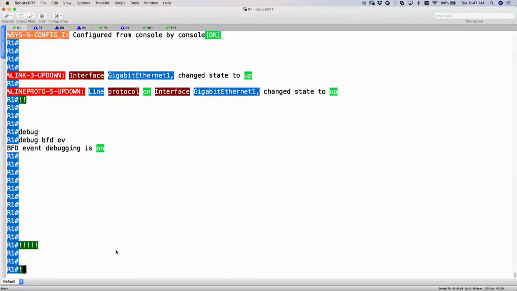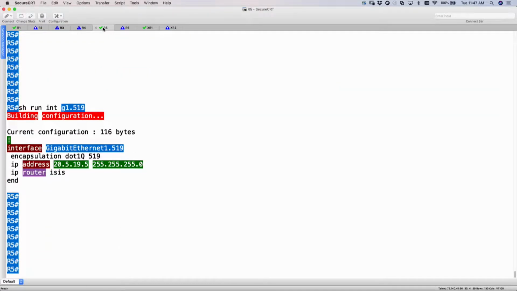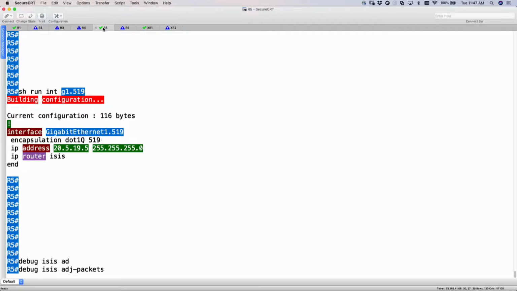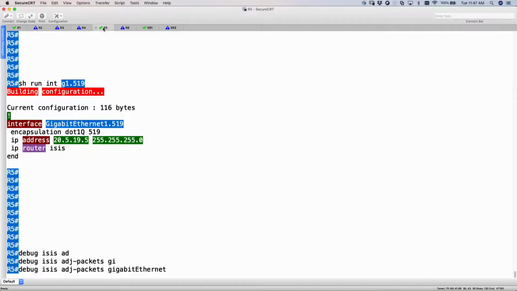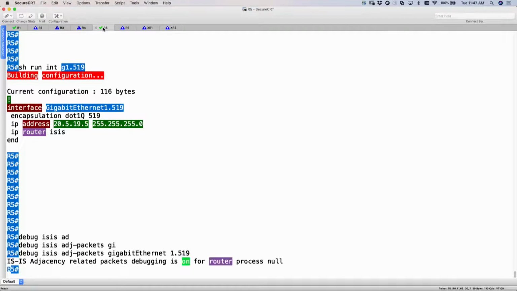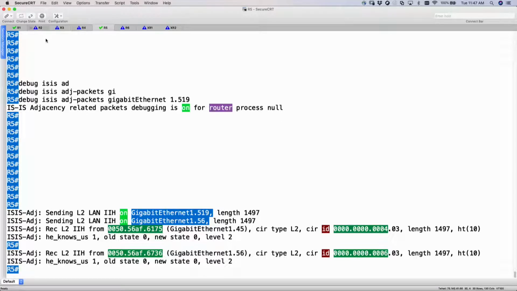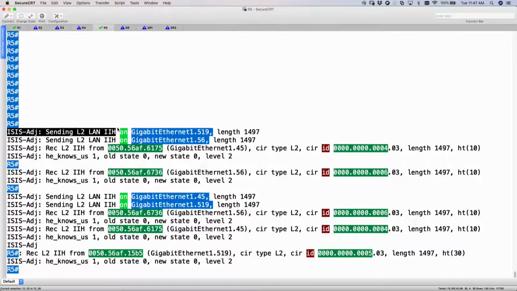We should be able to identify that with the debug or even show isis neighbors. So let's do a debug isis adjacency packets on gig 1.519. Here I should see that router 5 is sending L2 LAN hellos, which you can see here.